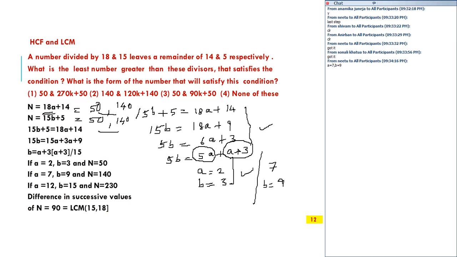The number is 90k plus 50. How many are clear with this? Somebody asked me the question: if the remainders are same, or different.